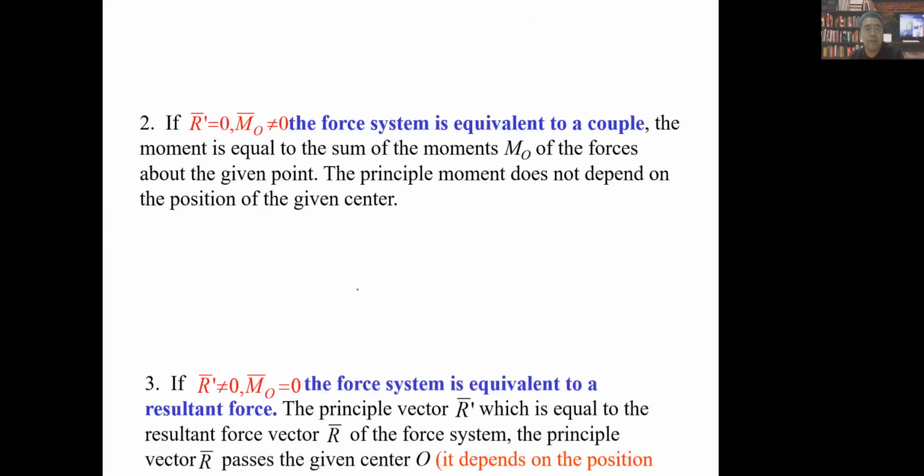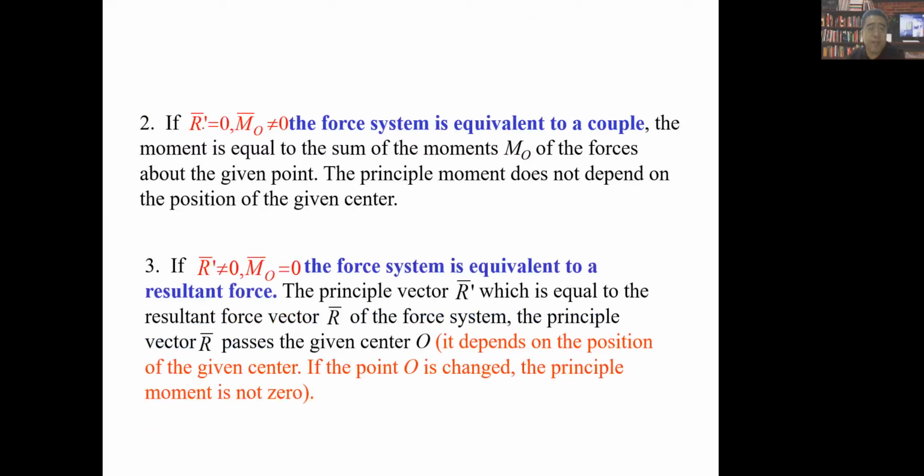它是平衡的, right? So the second case is R prime equals 0, MO not 0. What does that mean?